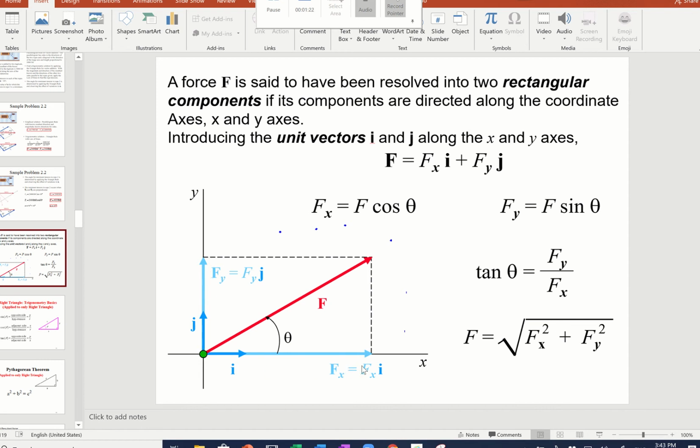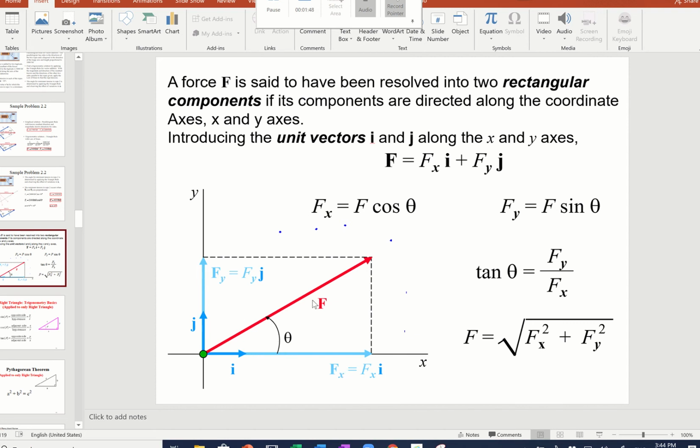Well, how do we find Fx? This is a right triangle. Using the right triangle, we know Fx is going to be F times cosine theta, because this is the adjacent side, and cosine theta is adjacent over hypotenuse. Now let's look at y.